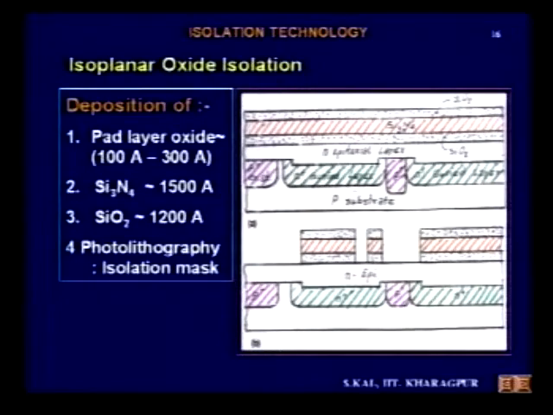The nitride layer you require for masking, for protecting the layer from the growth of local thermal oxide. If silicon nitride is there, you cannot grow thermal oxide there, isn't it?